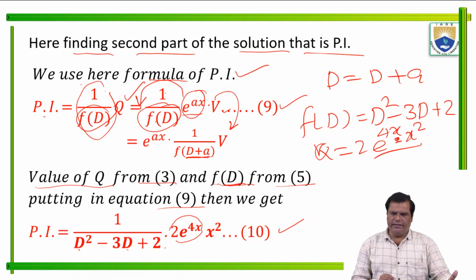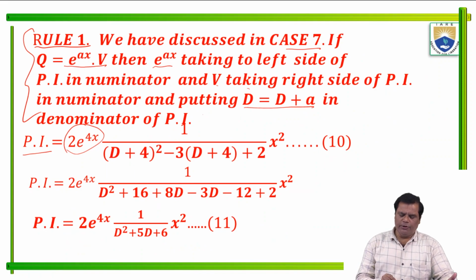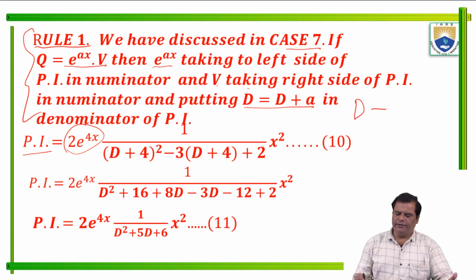The exponential function e to the power 4x is taken left side in multiply, and x square, this is V, is taken right hand side in multiply. And D is replaced by D plus 4.